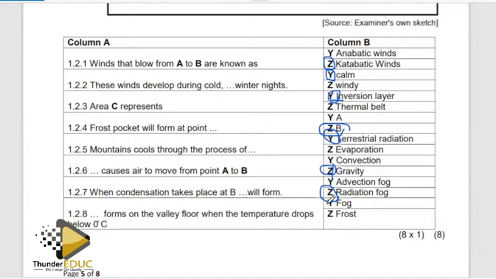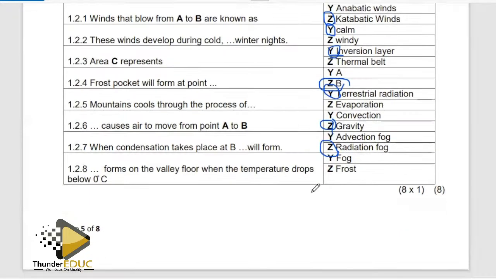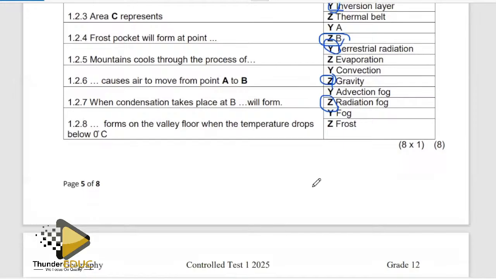We move on to number 128. Dash forms on the valley floor when temperature drops below 0 degrees Celsius. We know that 0 degrees Celsius is the freezing point.